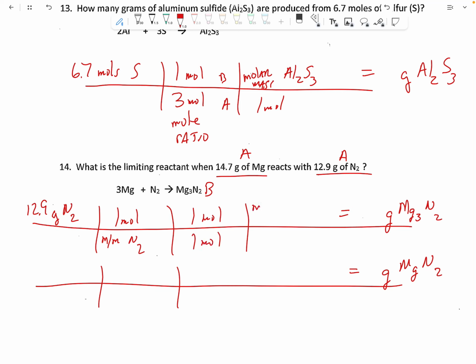Then you have the molar mass of your Mg3N2 over 1 mole here. Do the same thing with your magnesium, 4.7 grams of magnesium, 1 mole over the molar mass of magnesium. Then we have the mole ratio, which is next, and that is going to be 1 for the Mg3N2, and for the magnesium, that'll be a 3.